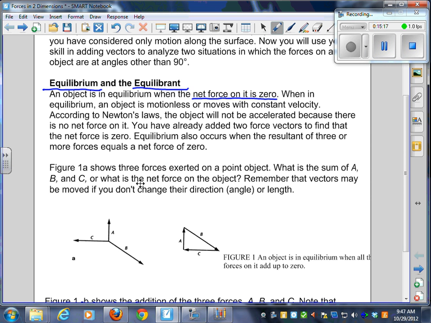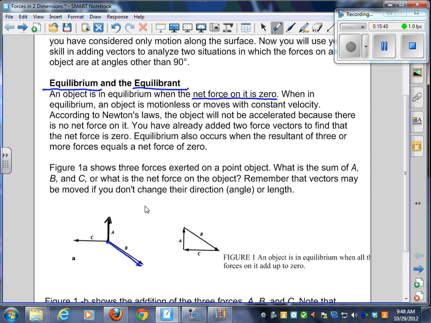Figure 1a shows 3 forces exerted on a point object. What is the sum of A, B, and C, or what is the net force on the object? And remember that vectors can be moved if you don't change the direction of their angle or length. Okay, so what I'm going to do is I'm going to go with A and B. C again.